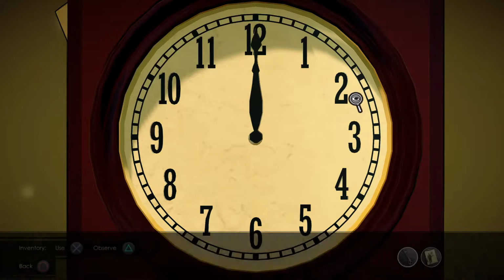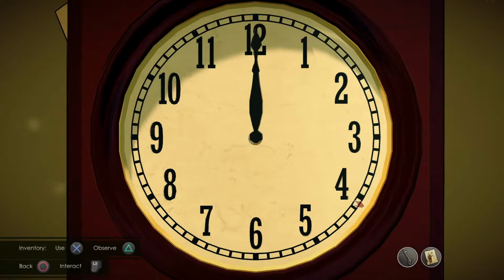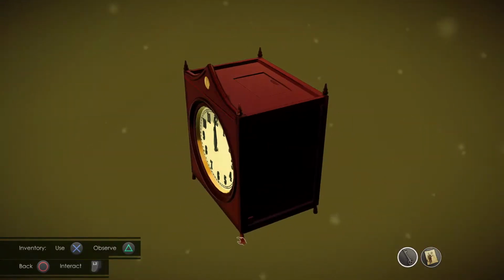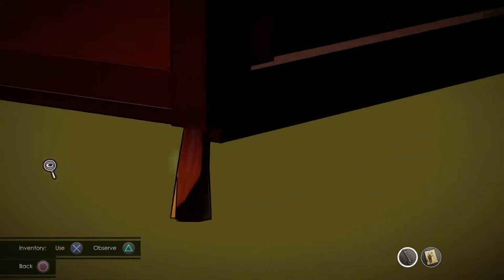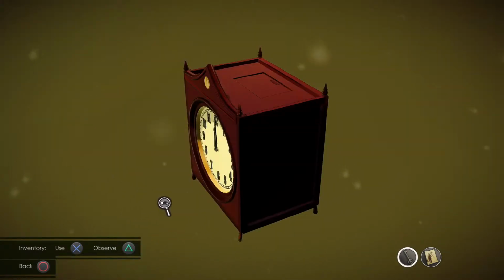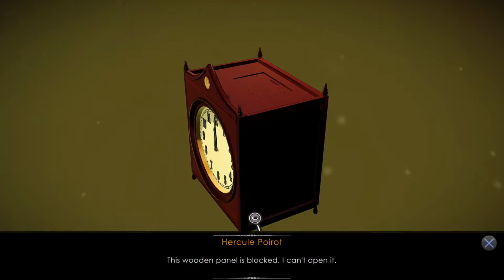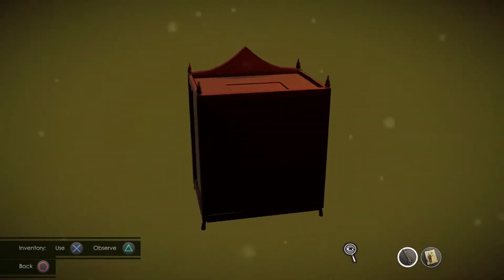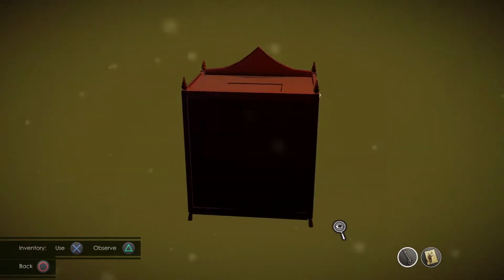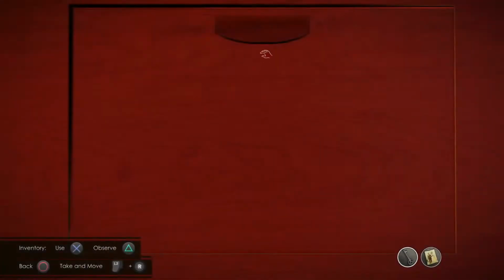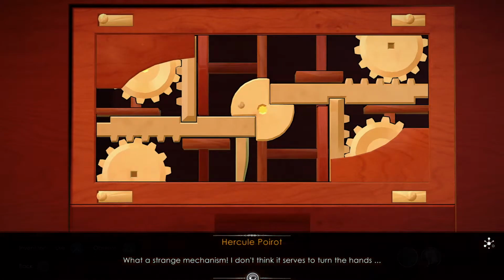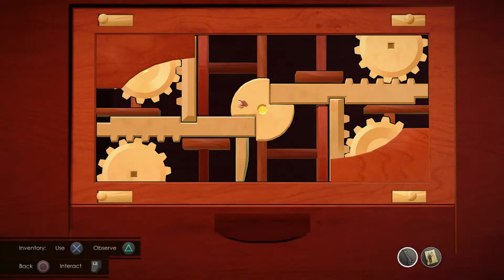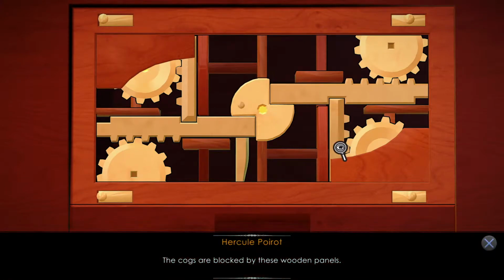There, that's better. Why is it better? What a strange mechanism. I don't think it serves to turn hands.